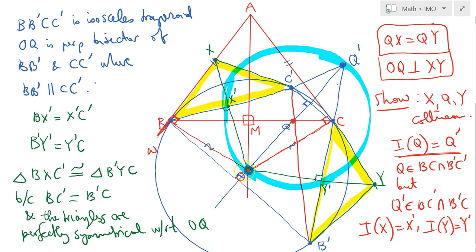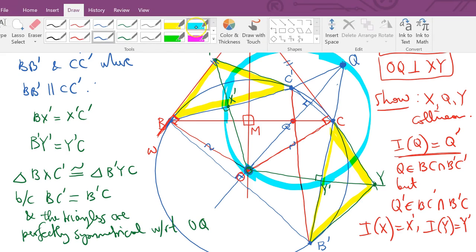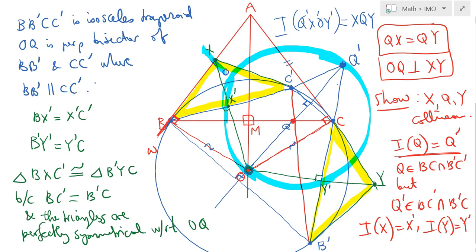As a result, this circle, so our circle Q prime, X prime, O, Y prime will be inverted to a line segment X, Q, Y. I hope that's clear, because X prime will be mapped to X, Y prime will be mapped to Y, and Q prime is mapped to Q. And I know that a circle going through the center of the circle of inversion will be inverted into a line. In fact, that's my line. So therefore, I can go ahead and draw this line going through the points X, Q, and Y.